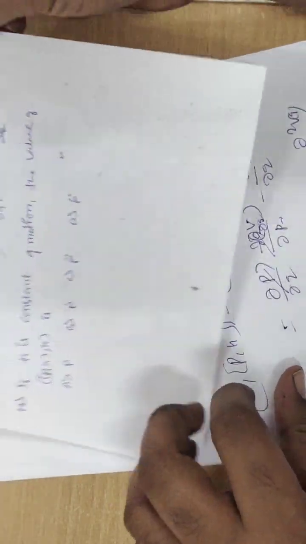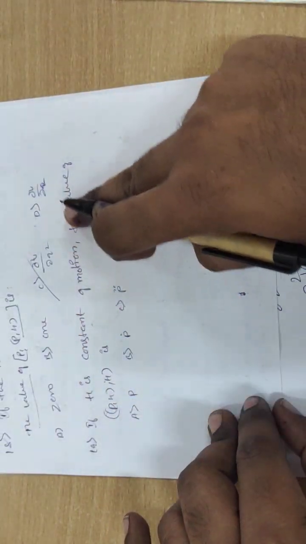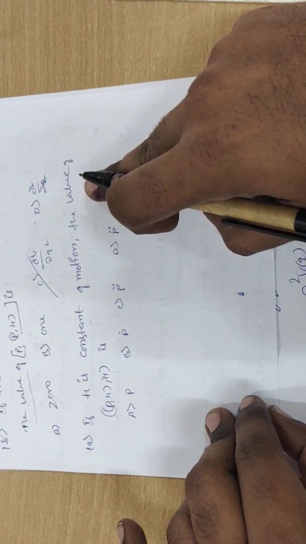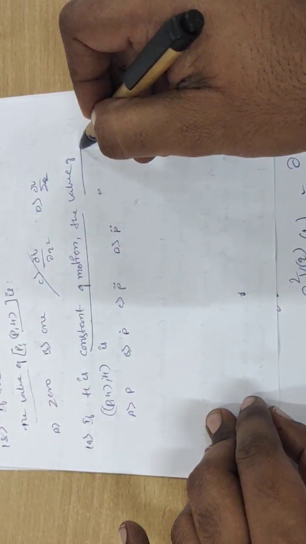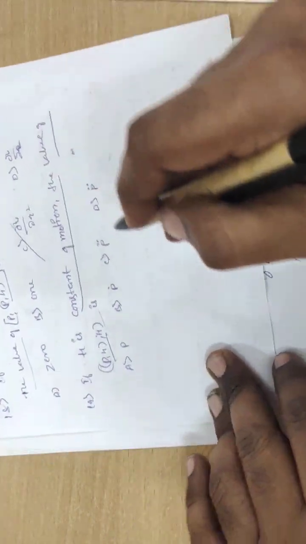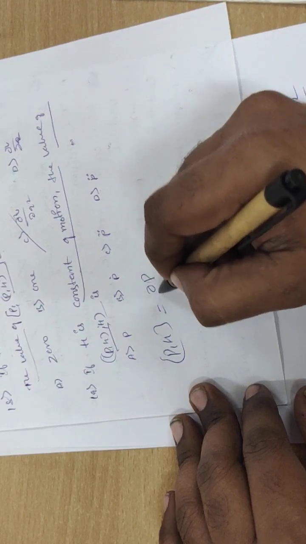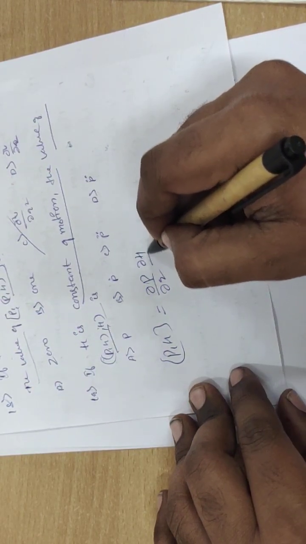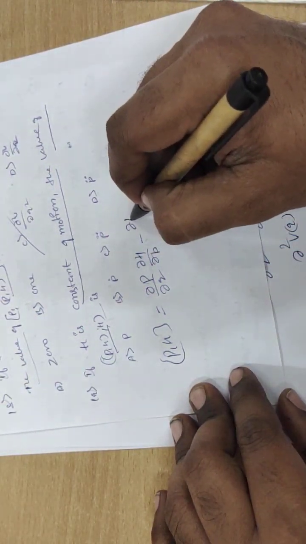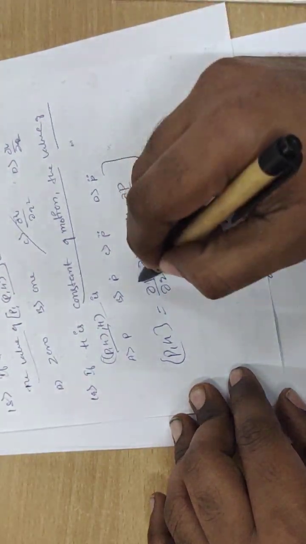Next, if H is a constant of motion, the value of [p, H] is, we know that [p, H] is nothing but dou p by dou q into dou H by dou p minus dou H by dou q into dou p by dou p.